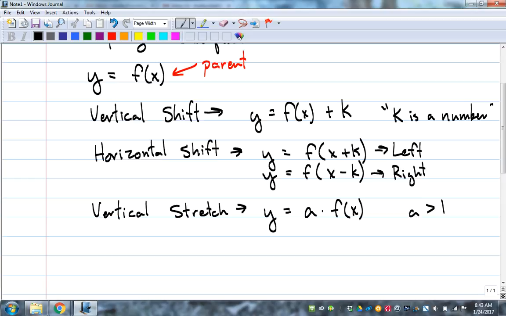Okay, so a vertical stretch, the way I like to think about those is, I don't know if y'all ever played with silly putty when you're little. You may still play with silly putty now. But we used to take it, and the comics would come in the paper. You always had the paper in the house. Nobody gets papers anymore. You press that silly putty on there and pull it up, and the ink would come up on the silly putty, and it had the picture on there. So that'd be like Garfield or Charlie Brown or something like that.